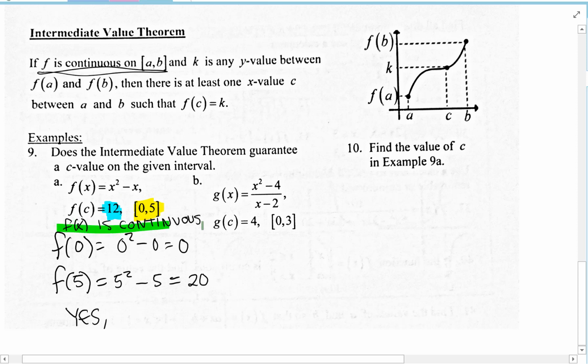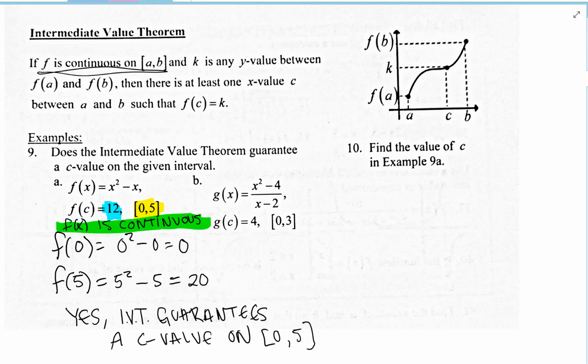This must be stated to use the intermediate value theorem anytime on an AP test. Anytime you use a theorem, you must state that the conditions are there in order to use the theorem. So yes, intermediate value theorem, commonly known as IVT, so AP calculus readers will know that, guarantees a c value.